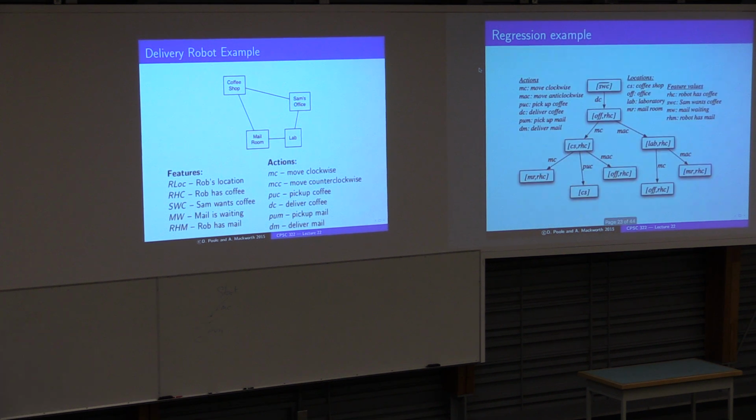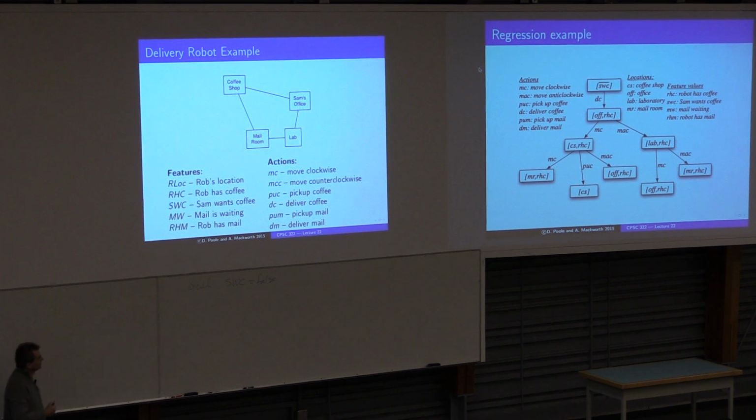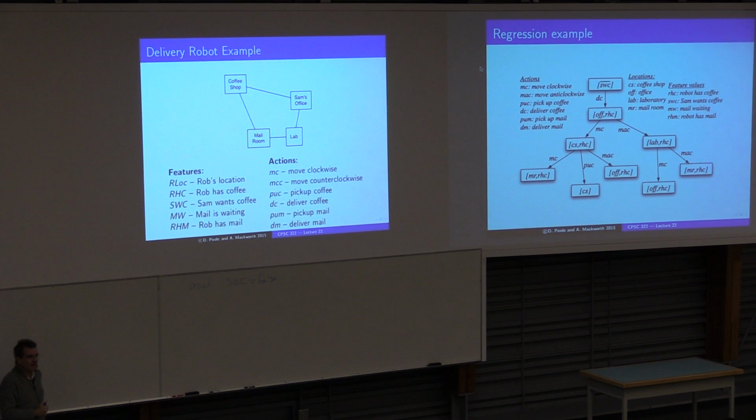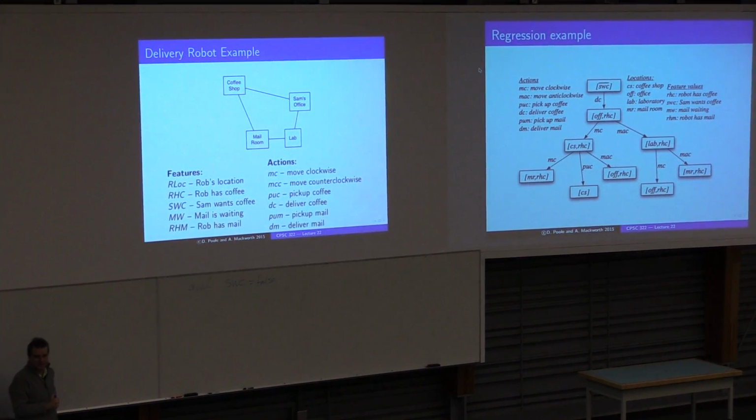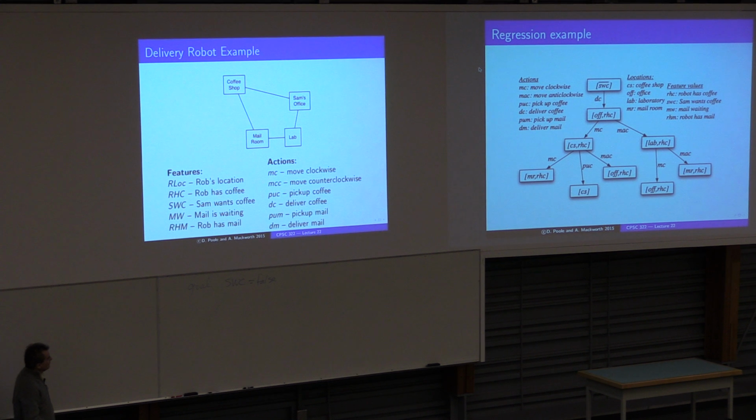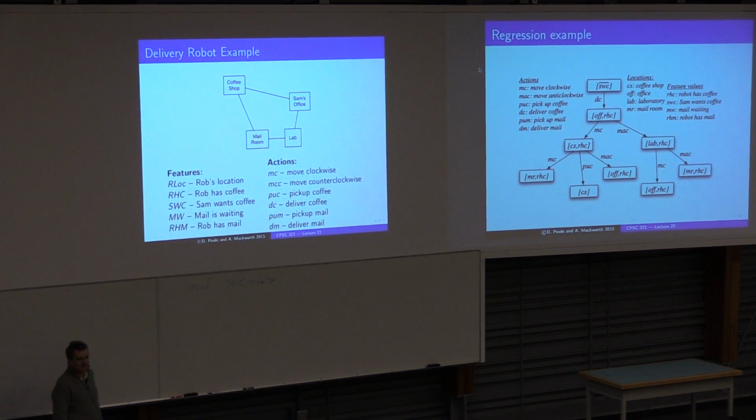So let's have an example of this. The goal here is we want Sam to not want coffee. Right? The goal is Sam wants coffee is false. And what we're going to do is we're going to try and find an action that will achieve Sam wants coffee is false. And if you think about all these actions, the only one possible last action is to deliver coffee. Right?